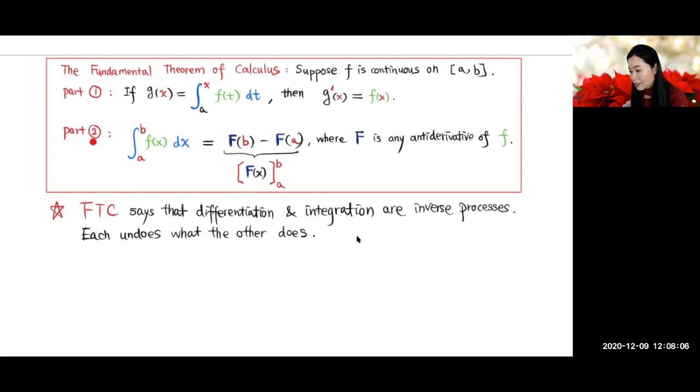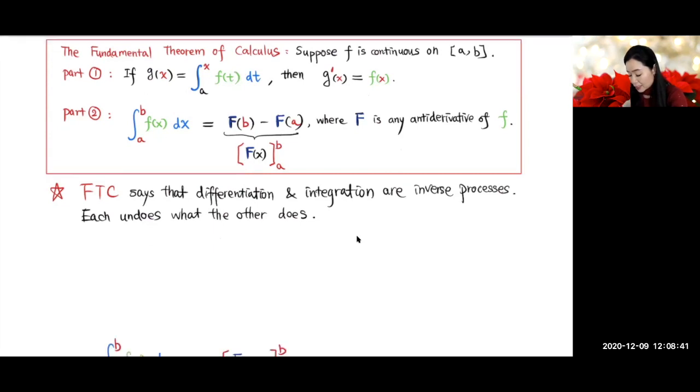Part 2 says that if you integrate this continuous function f from a to b, that's equal to any antiderivative of the small f function evaluated at the upper limit, subtracting that antiderivative evaluated at the lower limit. You can write it this way: F of x, x going from a to b. Those are the two parts of the fundamental theorem of calculus.